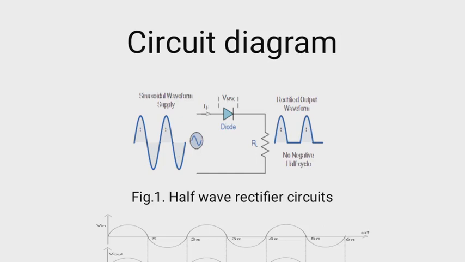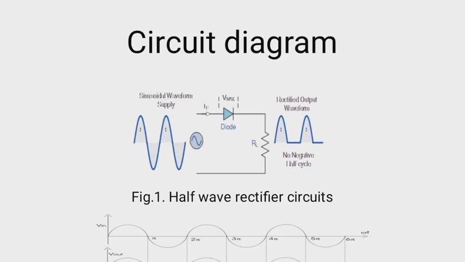During the positive half cycle of the input voltage, the P terminal will be positive and the lower terminal will be negative. That means the diode is in conducting state, so current will pass through the diode, and therefore we get IL, which is basically the load current across the resistor RL.